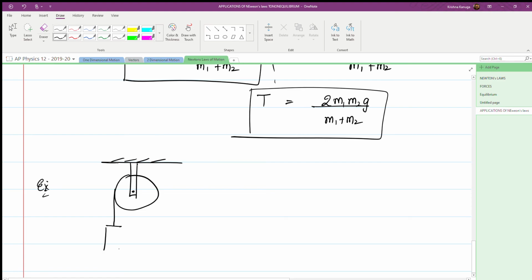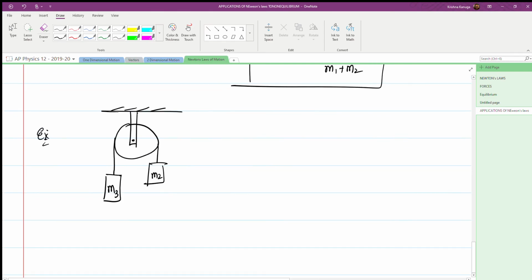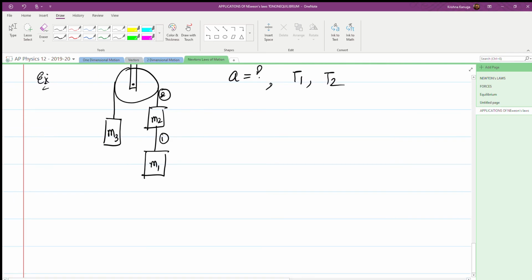We have a mass, let's call this one M3, and this one M2, and let's put an M1 here, and let's say you have a string 1 and a string 2. Our goal is to find A, and then T1 and T2. So go ahead, solve this, check the answers with each other and see what you get.